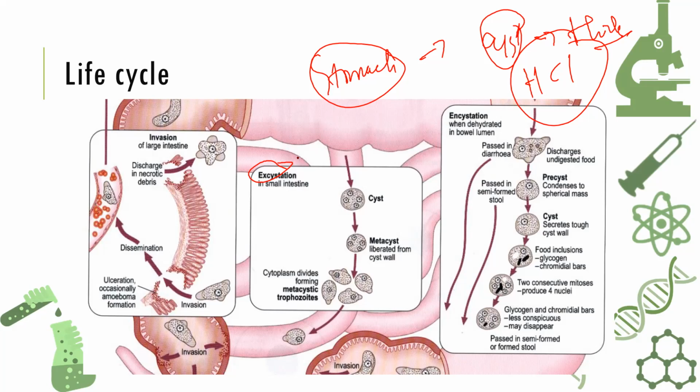Now, these trophozoites will invade our intestine, causing what we call ulcerations. Kaya, yung stool sample ng mga pasyente na mayroong amebiasis, meron ding presence ng RBC sa stool. Bakit?